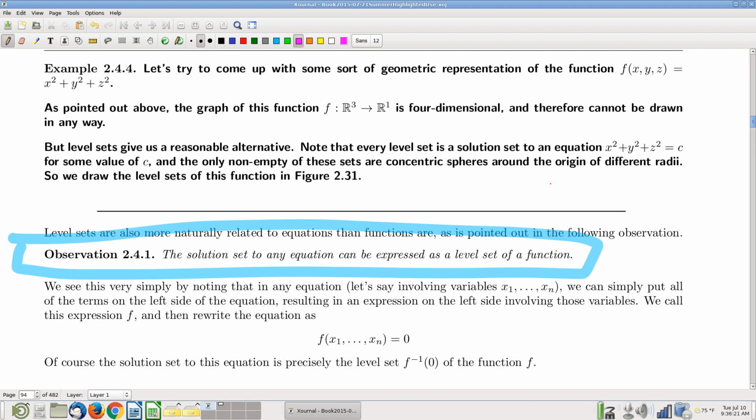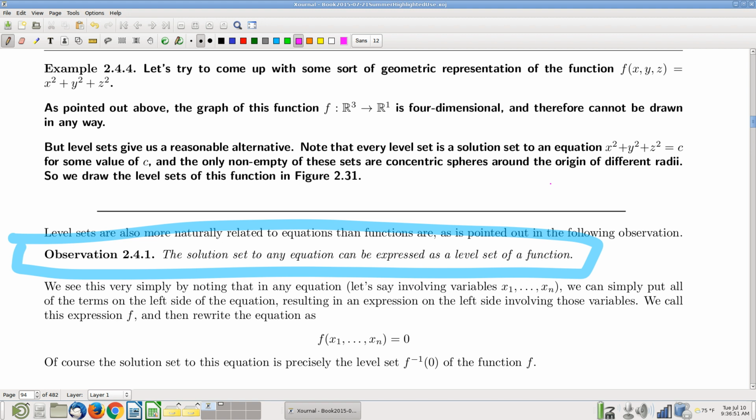You take derivatives of functions, right? So if you want to get calculus involved, this solution set to an equation, we have to somehow relate it to a function. What this says is you can always relate any solution set, any equation you might be interested in, to a function, thus giving you access to the tools of calculus in ways that we have not yet determined by way of the level set construction.